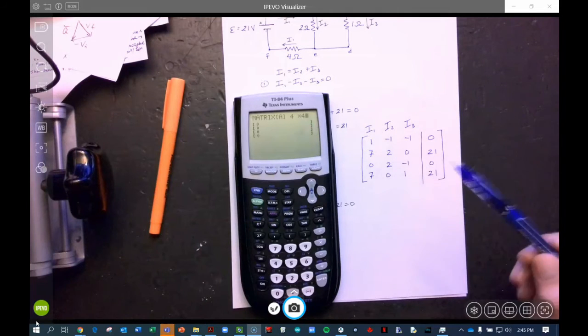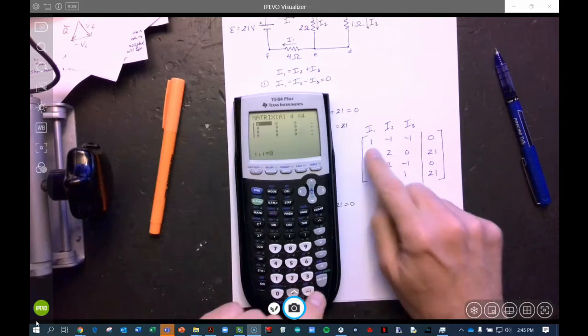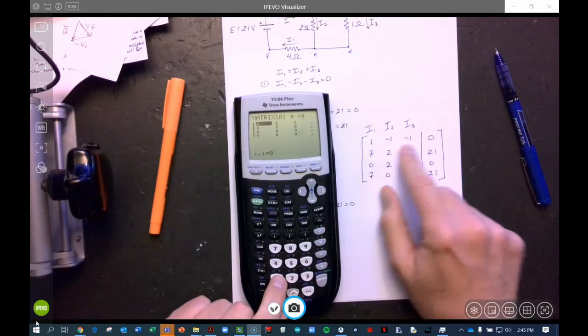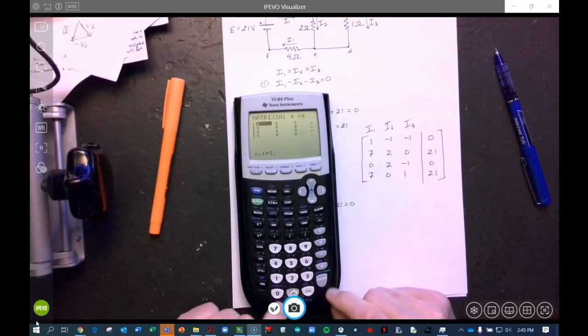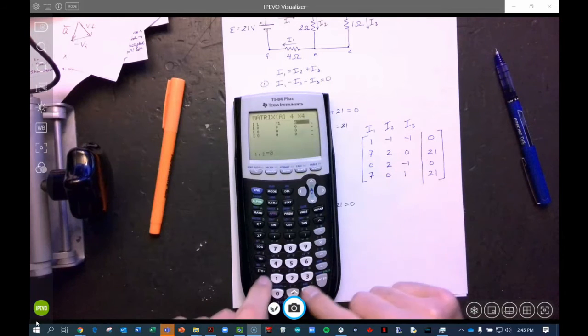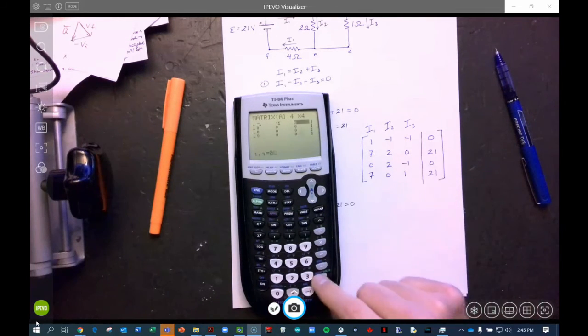So 4 by 4, and then we just move our arrow key into the matrix and enter the values of each of these matrix positions. It's a little tedious. 1, 1 is 1, and then -1. Don't forget it's negative, not minus, so -1, -1. I'm just hitting enter after each one, and then 0.